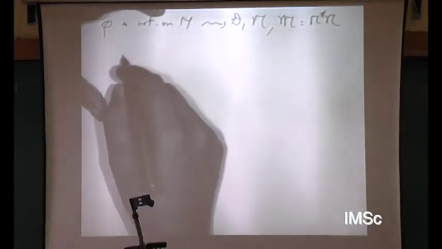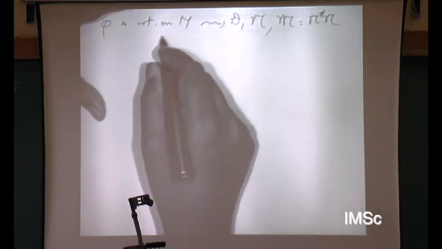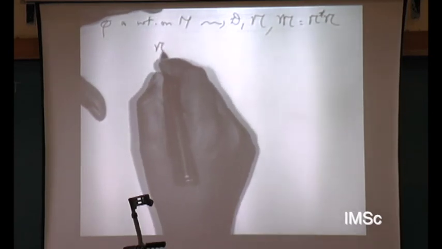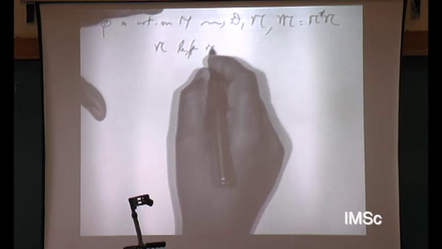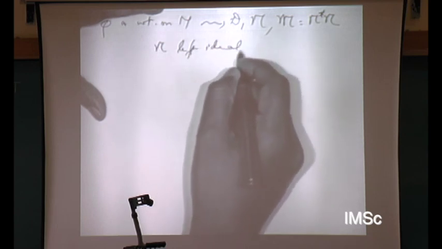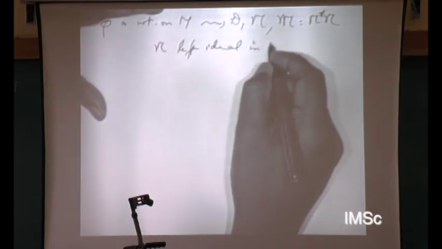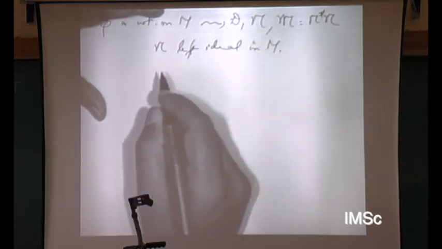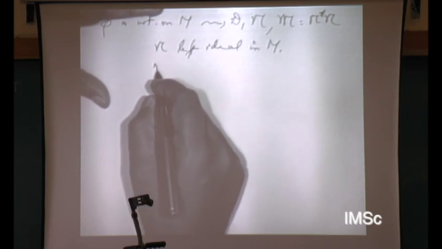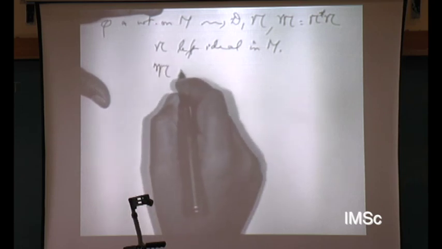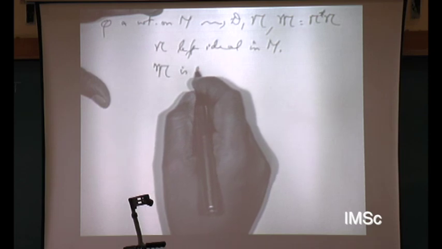For example, that N is a left ideal, and that M is actually a star subalgebra.